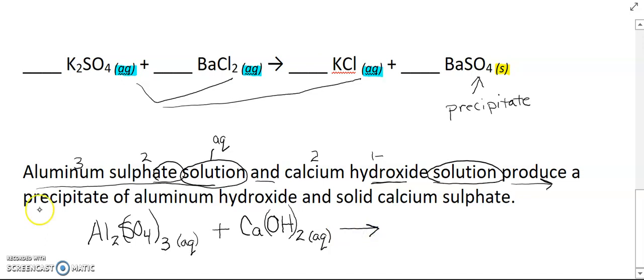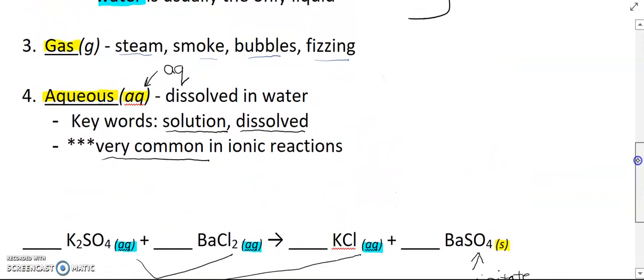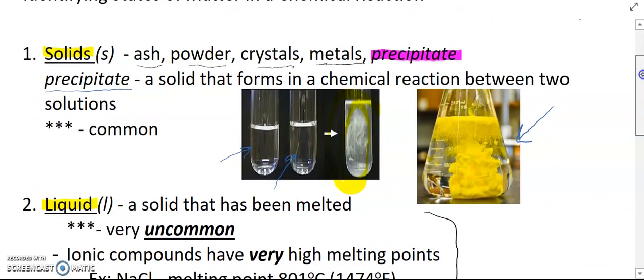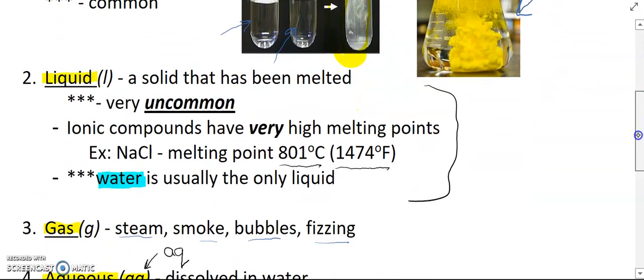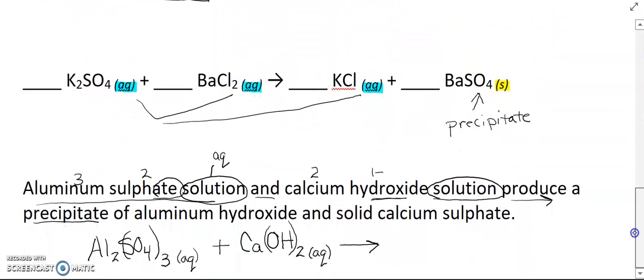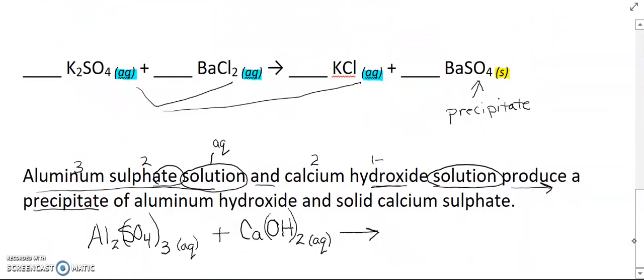And it is going to form a precipitate. Well, if we go back up, precipitate is going to be the solid that forms in a chemical reaction, much like taking this solution and this solution to form this little wispy white stuff. It's a precipitate. So when I see precipitate, precipitate is going to be a solid of aluminum hydroxide.